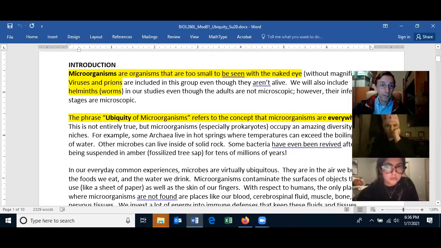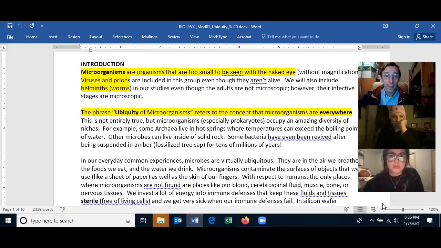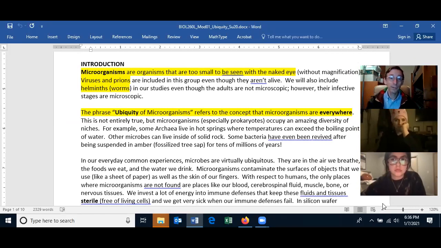So, where can I put this best? Shrink that down a little. So with microorganisms, you should know that these are organisms that are too small to be seen with the naked eye. You need magnification in order to see them. Viruses and prions fall under microorganisms, even though they're not organisms, because they don't have cells and, well, some people say they're not alive.